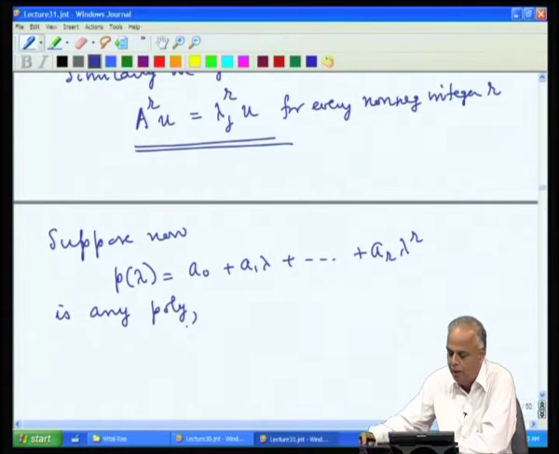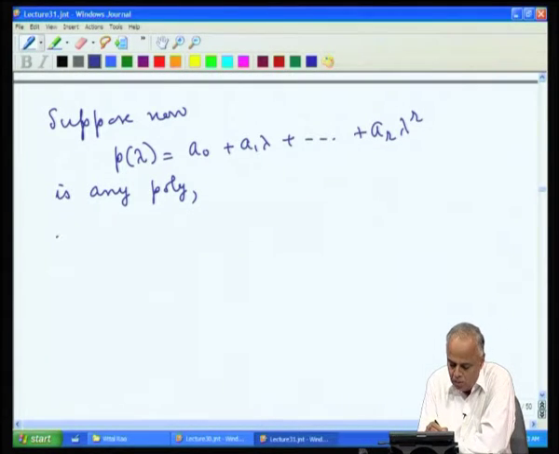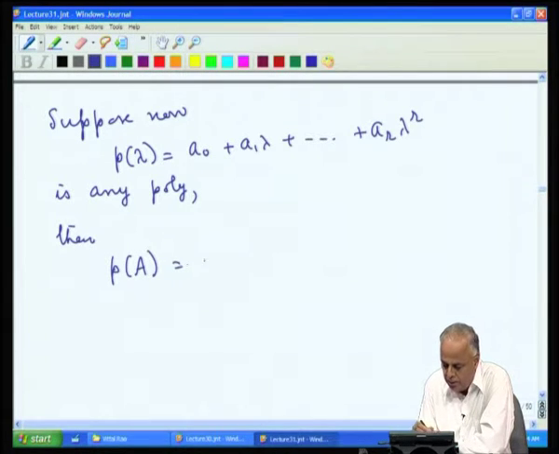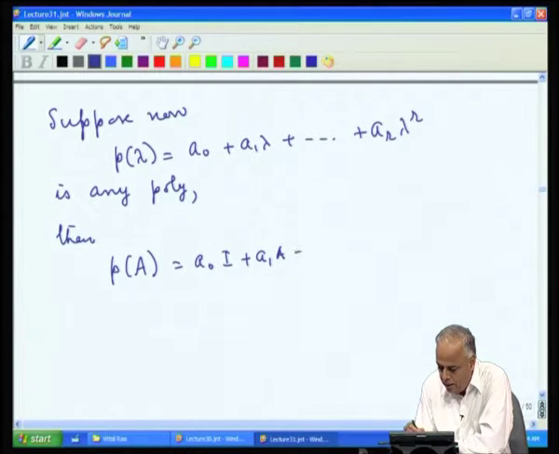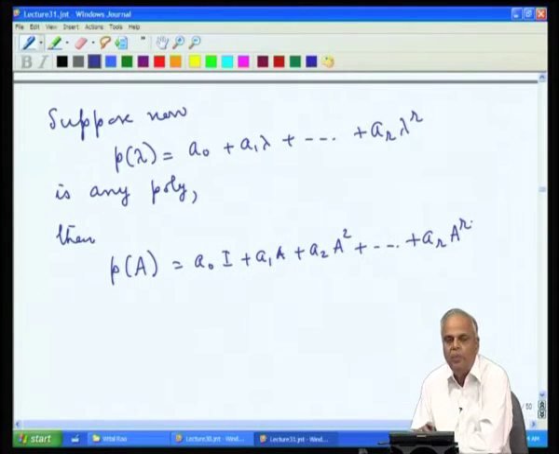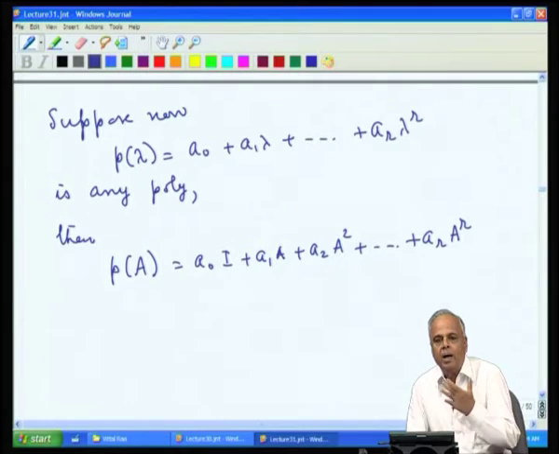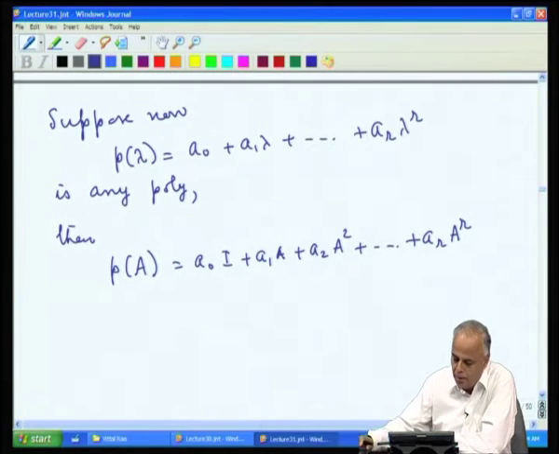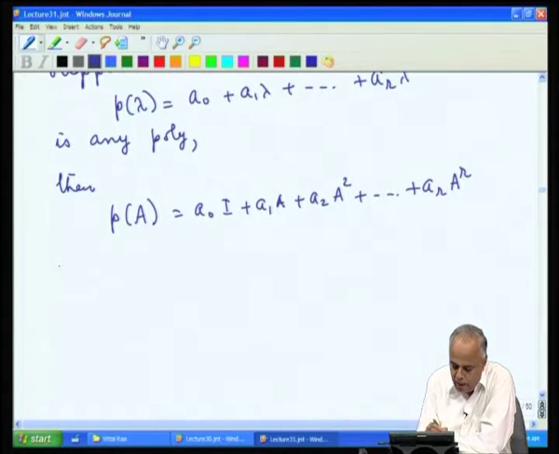Then we know P(A) is a naught I plus a 1 A plus a 2 A squared and so on plus a r A power r. This is how we define P(A) corresponding to any polynomial P of lambda, and therefore, what is P(A) u?